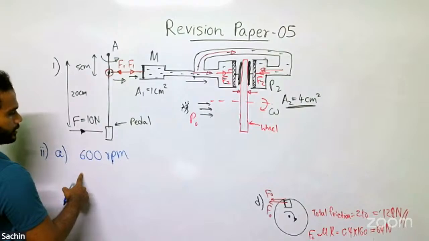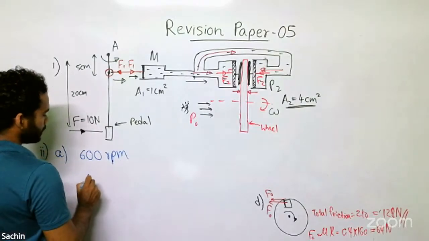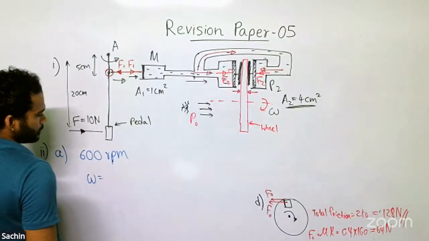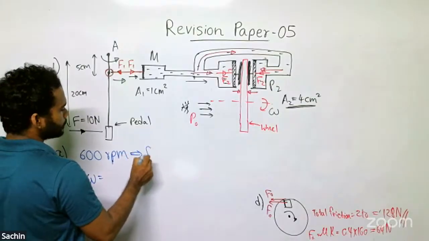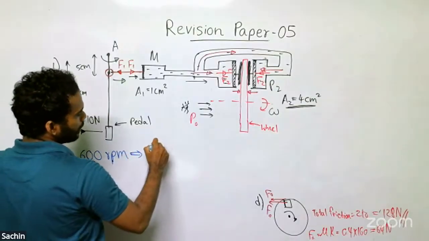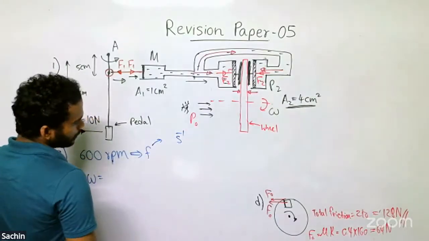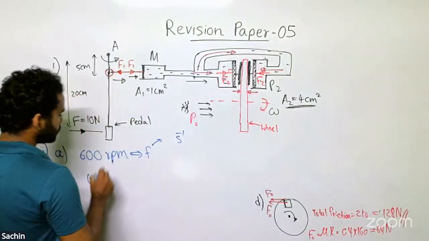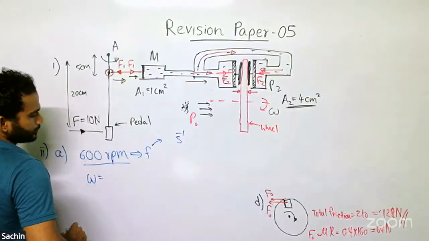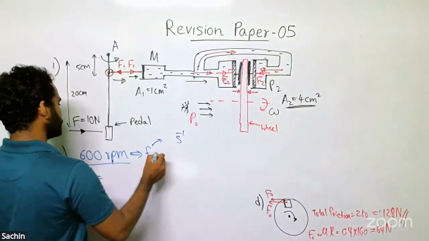When you are given this value, I always say in the class to convert this. So this is something about the frequency, right? What do you mean by frequency? Frequency is the number of rotations per second. So this is rotations per minute. So how to calculate the frequency?